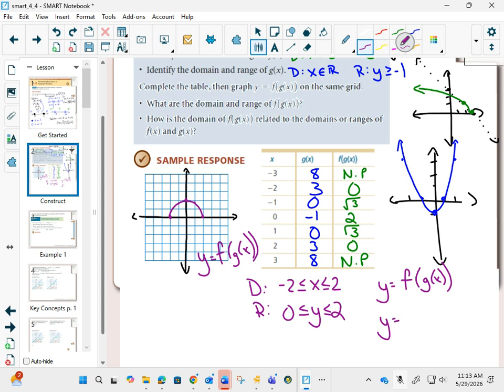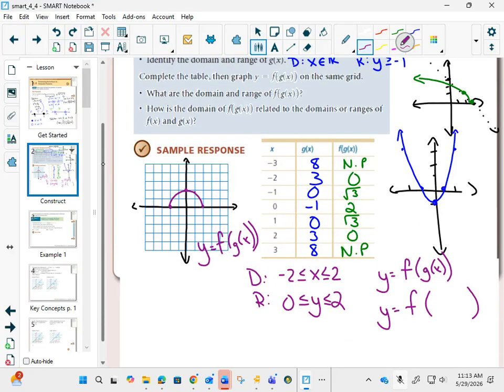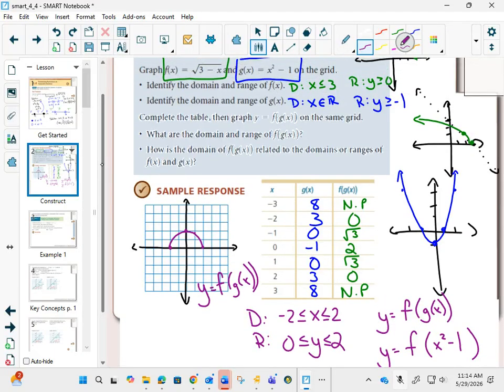And this is where we used our composition of functions the other day. G of x was given to us. I can replace the g of x with what? My equations, g of x was x squared minus 1. And then my function f says whatever you plug in, go 3 minus whatever you plug in, and then square root it.